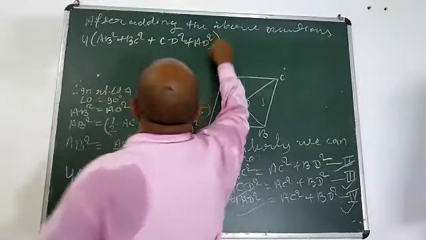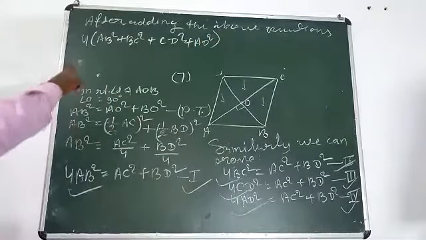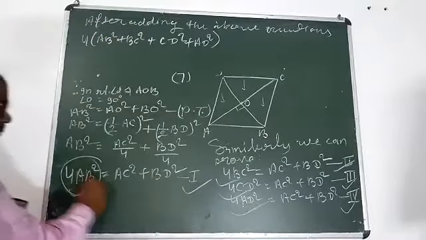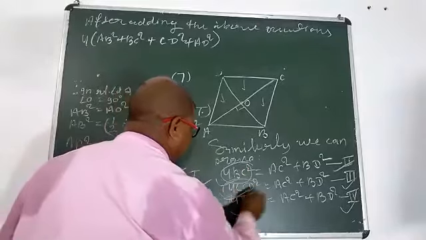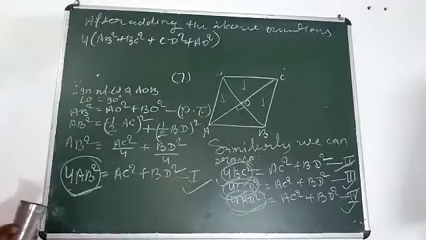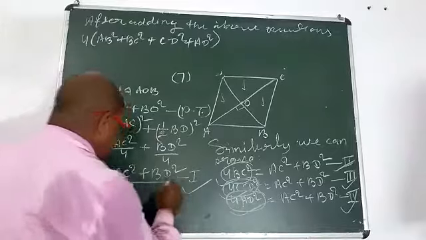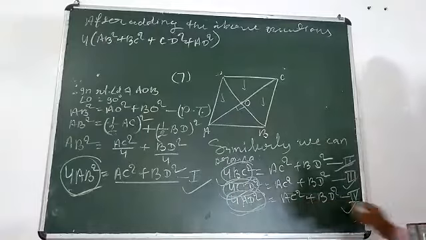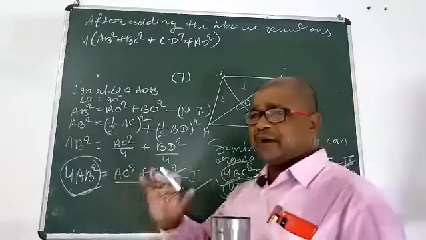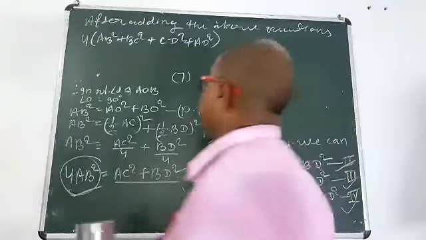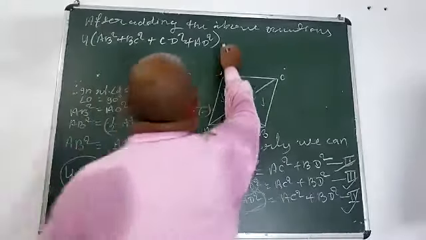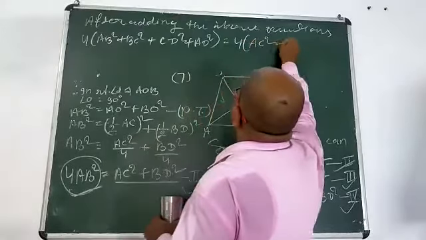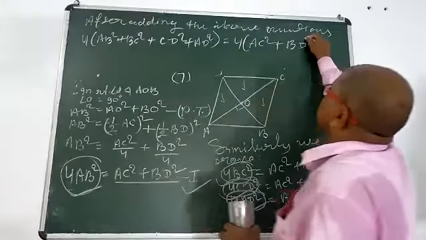Now take the RHS: AC square plus BD square, four times, all are equal. So we should take common 4 also and write here AC square plus BD square.